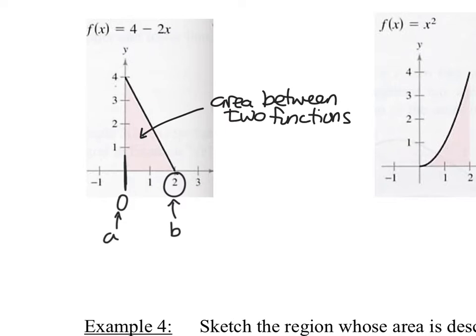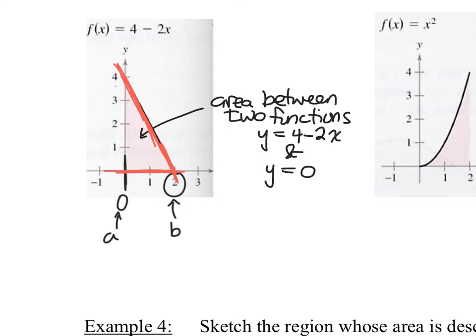Specifically, y equals 4 minus 2x and y equals 0. All right, so y equals 0 would be the horizontal axis. Y equals 4 minus 2x is the, well, that's the obvious one.